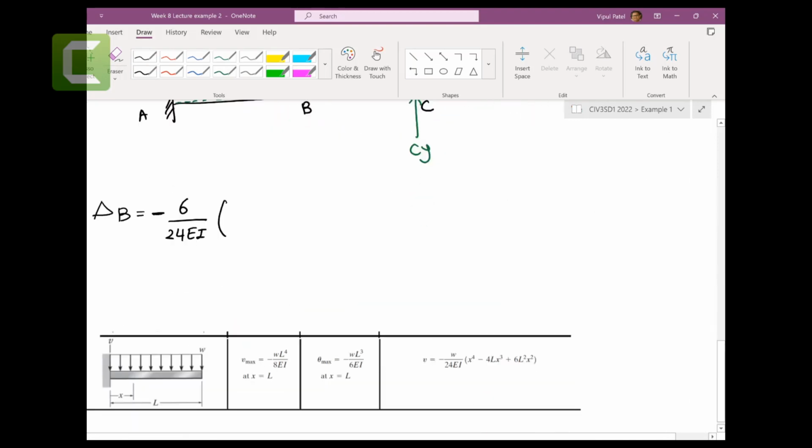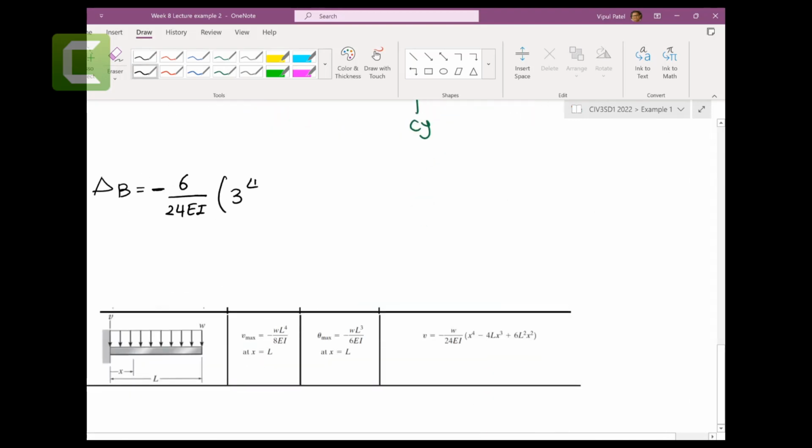So in here we can put 3 to the power 4, take away 4 L, which is 6, times 3 cubed, plus 6 squared times 3 squared. Right? So in that case, let me get this: 3 to the power 4, take away 4 times 6 times 3 to the power 3, plus 6 times 6 squared plus 3 squared.